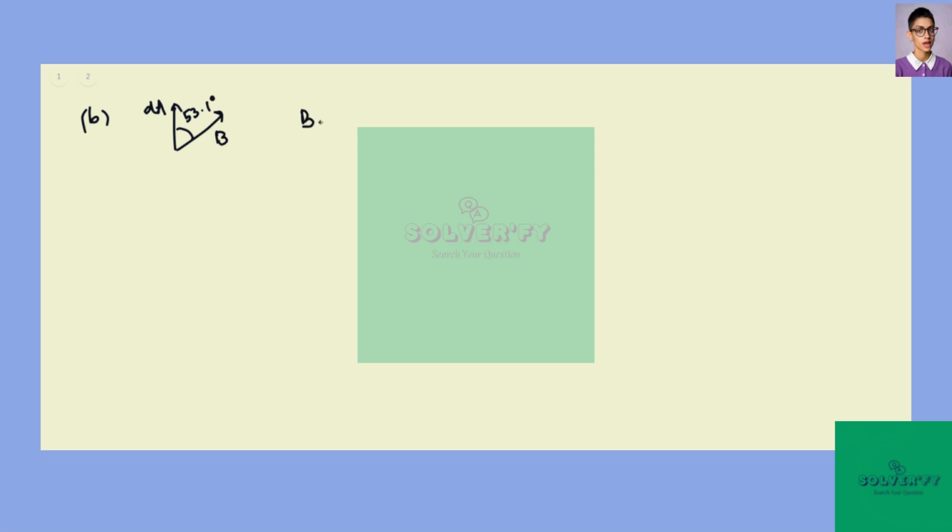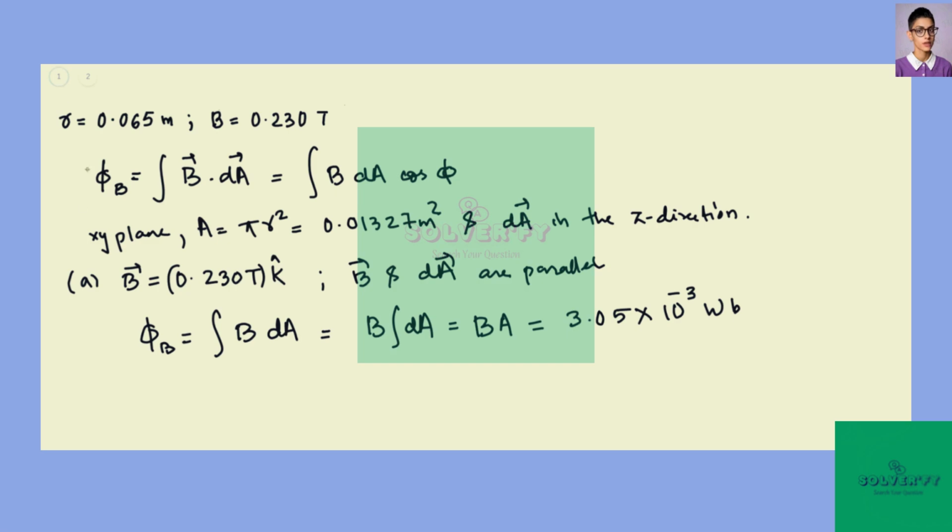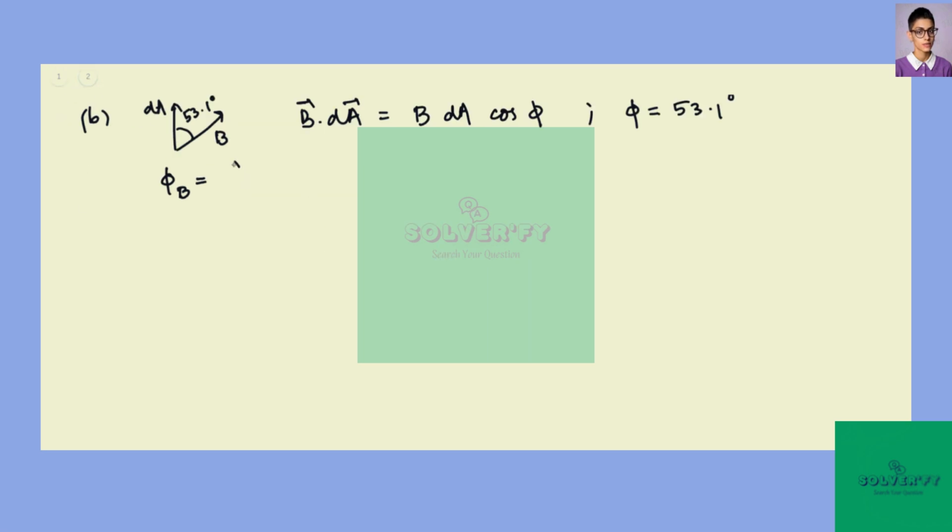So B dot A will then be B times dA times cos phi, where phi is 53.1 degree in this case. So we will follow the same equation that we did for part A. So for this case, the integral will be B dA cos phi.